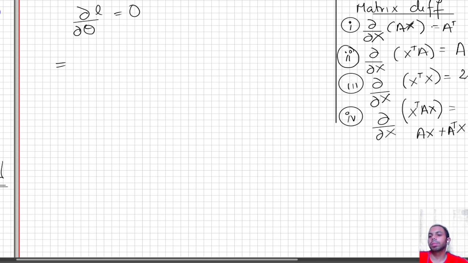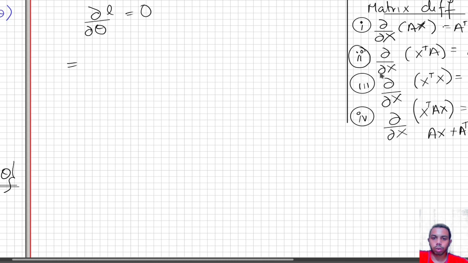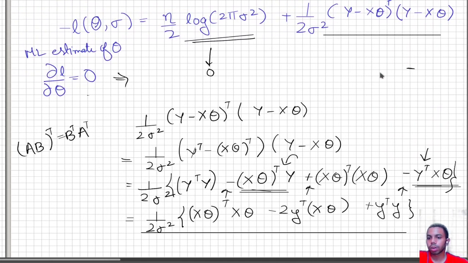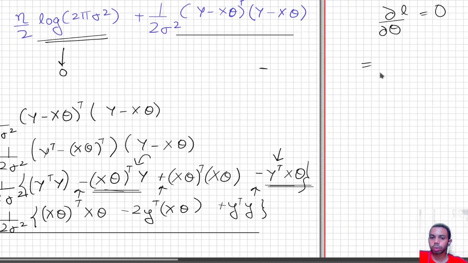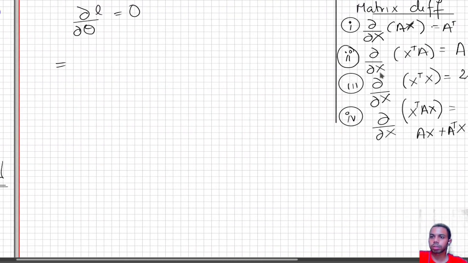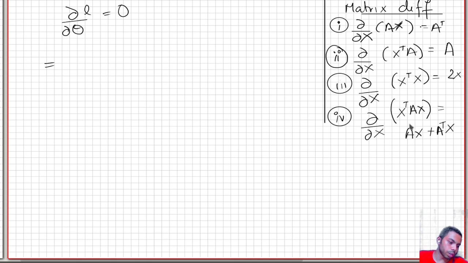Alright, so with that out of the way, let me go to the previous page. Now we must apply these on this equation. So let's go ahead and do that. First, let me break down that transpose multiplication simply.